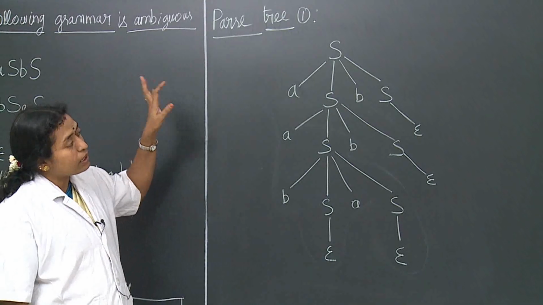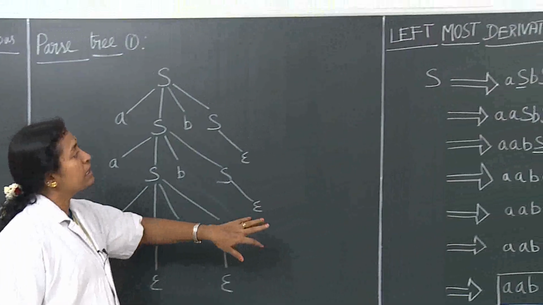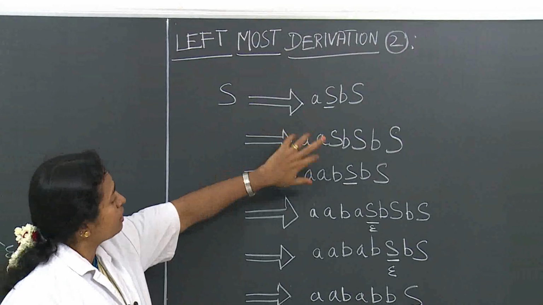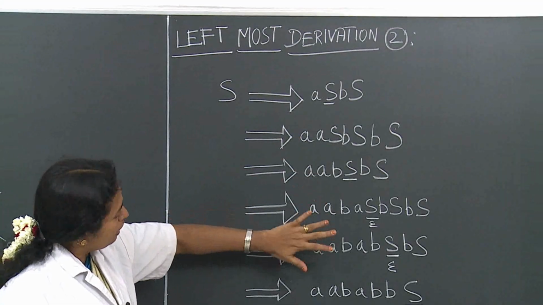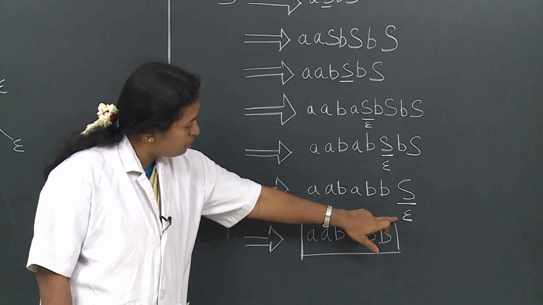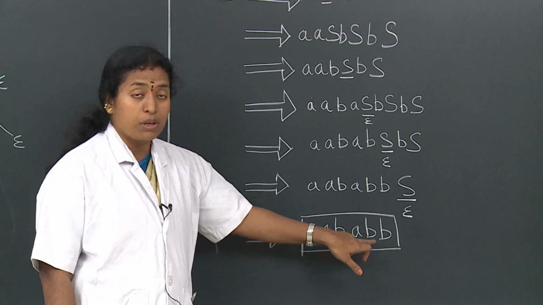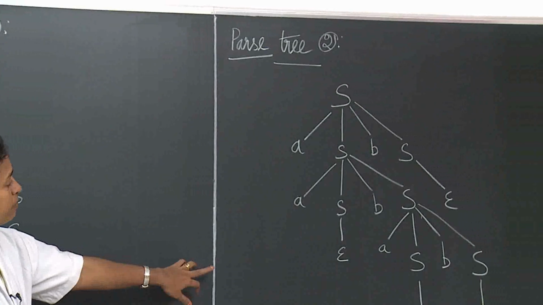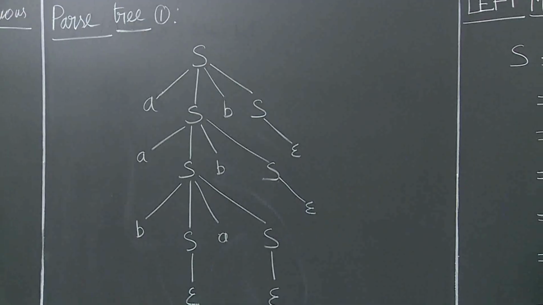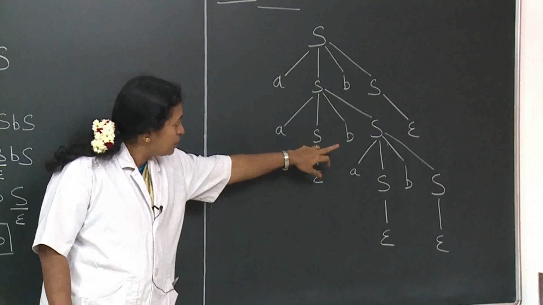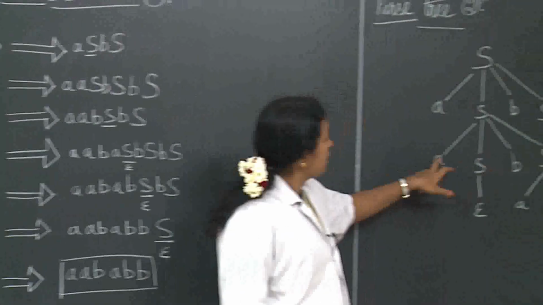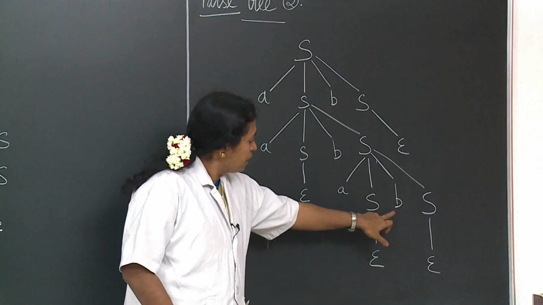We have to check whether there is another possible leftmost derivation. This is leftmost derivation 2. In this case, we are taking the first production. Here also we are taking the first production. Afterwards, the second production.